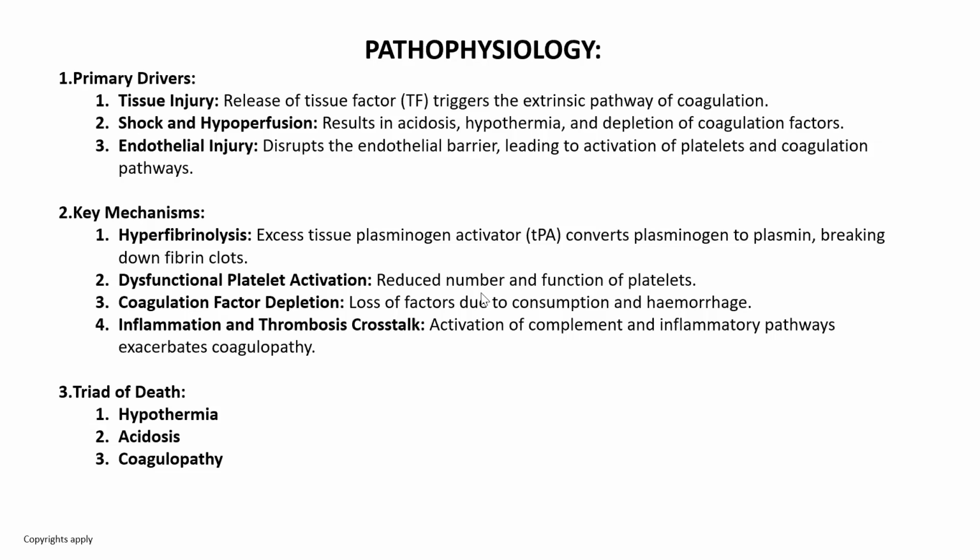The mechanisms which happen is hyperfibrinolysis, because as we all know, once the prothrombin converts to thrombin in the presence of factor 10A, the fibrinogen has to get acted upon, and it should convert to fibrin. Fibrin is the one which forms the stabilized clot.